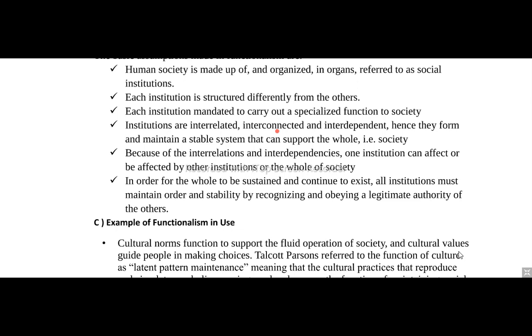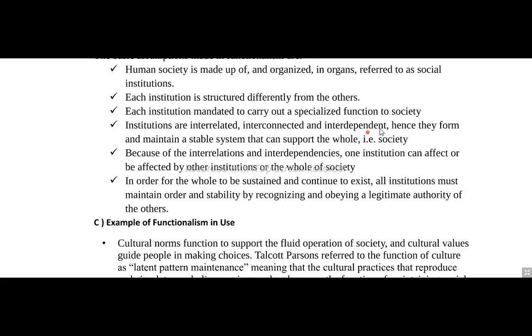For it to go to every cell in the body, it has to be pumped by the heart. It has to be cleaned by the kidneys. So there is interrelation, interconnection, interdependence. All of them depend on each other. One cannot function without the other.